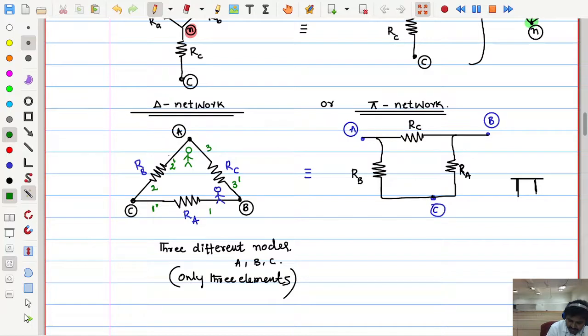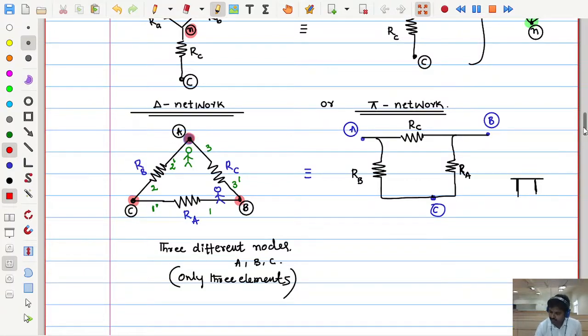Similarly, the end terminal of this resistor I connect to the starting terminal of the other. Like that, the end terminal of RC I connect to the starting terminal. In this way we find some junctions. Those junctions we call the nodes, and this is the delta pattern.